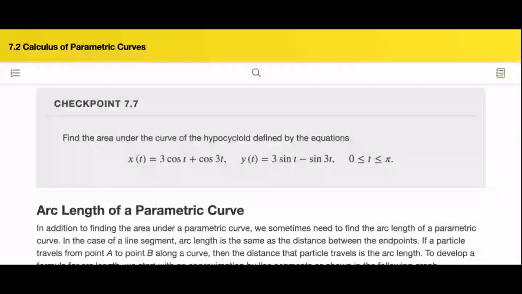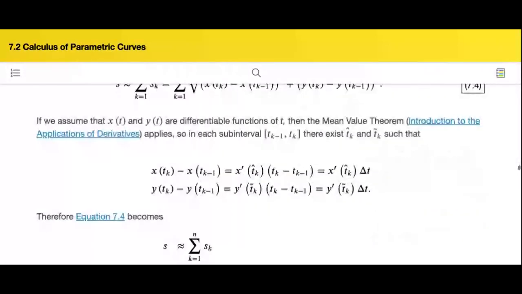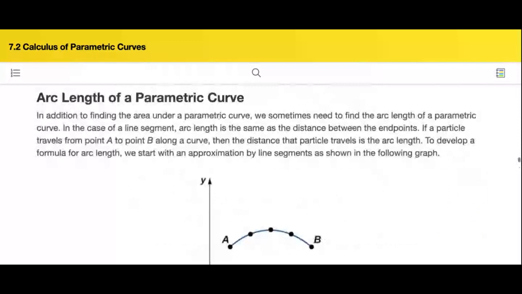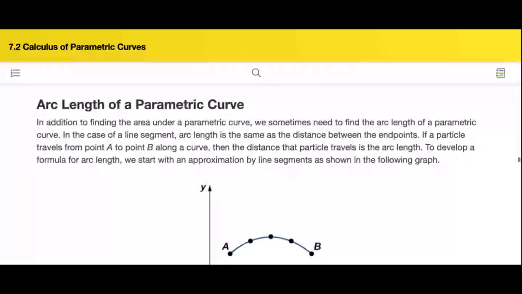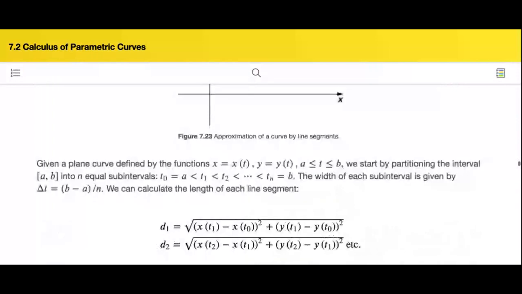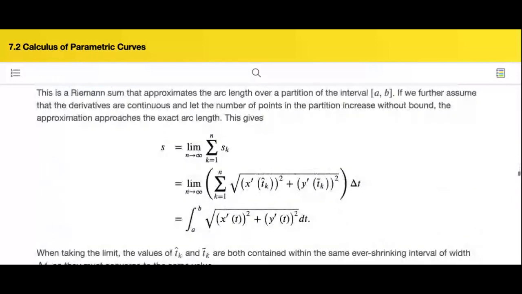Okay, let's see if we have time to practice. Almost 30. I'm going to skip the practice, okay? Arc length: we can always find the arc length of a parametric equation. Let's just jump to the formula.